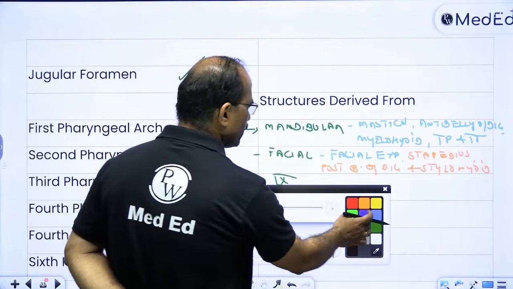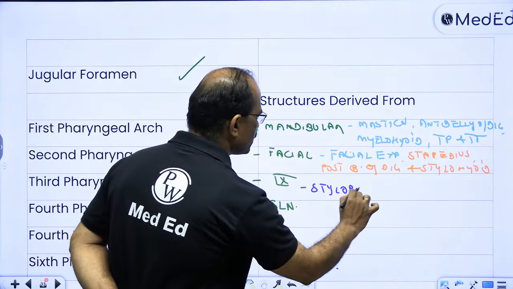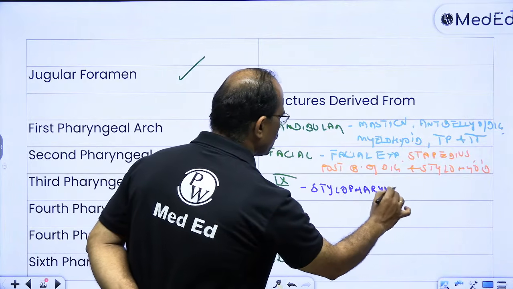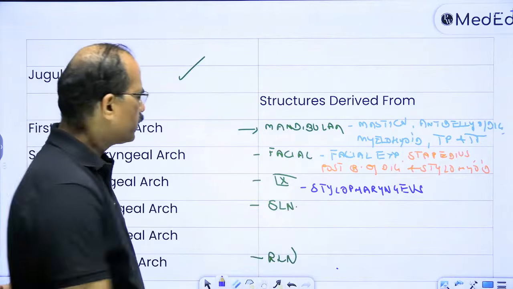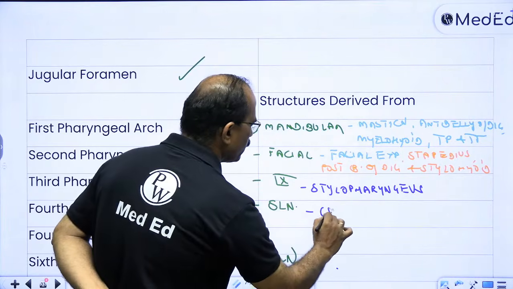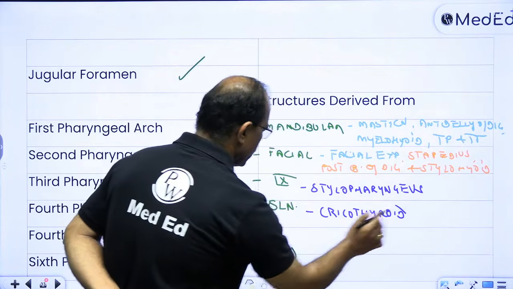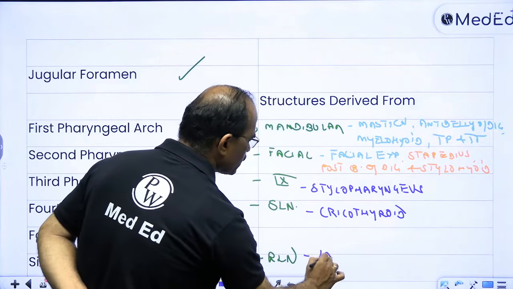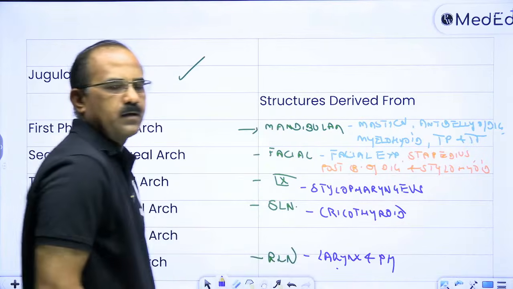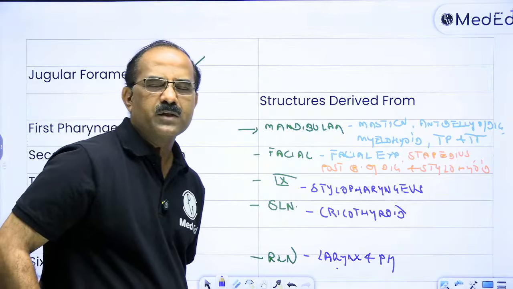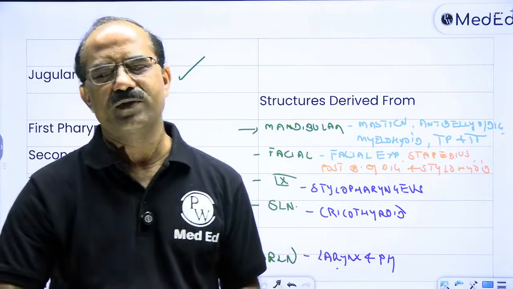Remember, the muscle in the third arch is stylopharyngeus. In the fourth arch, cricothyroid, and in the sixth arch, the rest of the muscles of the larynx and pharynx. Just remember this. This all is very important.